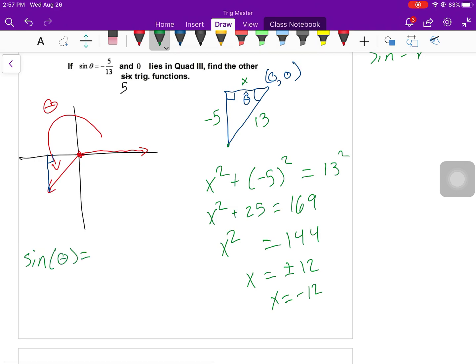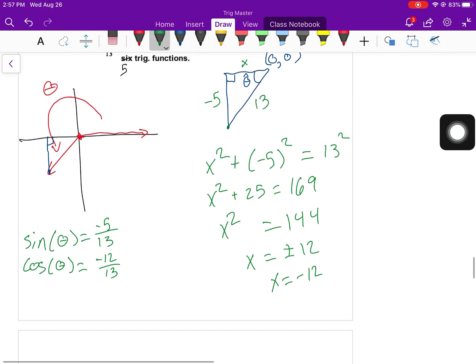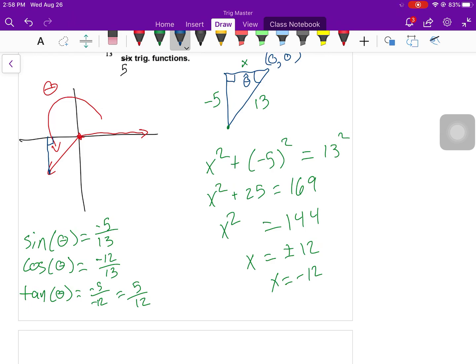So I'm going to say sine of theta is negative 5 over 13. We were given that one. Cosine of theta. Cosine is going to be x over r, so that's negative 12 over 13. Or if I had drawn the triangle here, negative 12 over 13. Tangent of theta is going to be a positive number, negative 5 divided by negative 12. That's just 5/12.